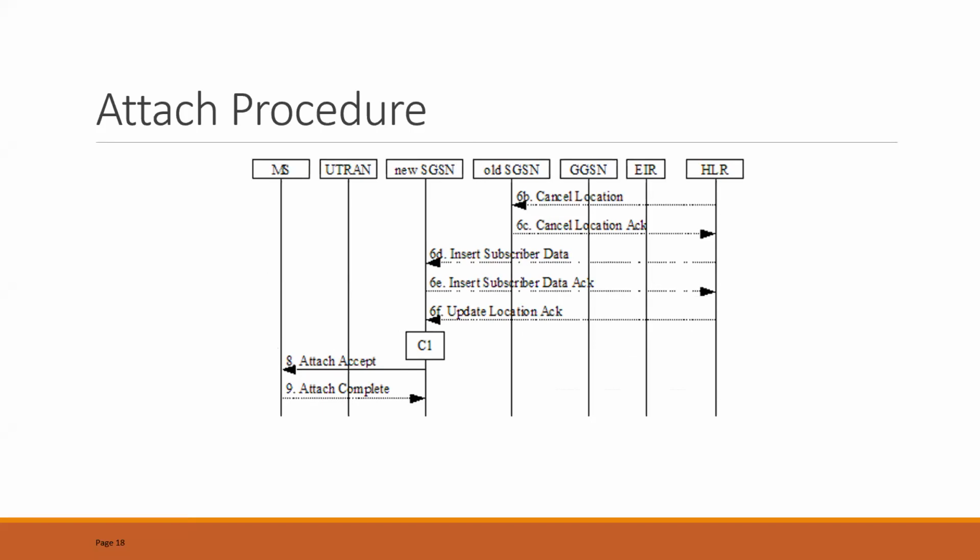In your CS core, in your calls function, you have a TMSI, temporary mobile subscriber identity, and in PS you have P-TMSI. It's a packet TMSI. So in the attach accept, it will send a P-TMSI, so that the next communication that the MS does will be based on the P-TMSI, not on the IMSI. And the MS then sends an attach complete message to the SGSN, so that it does not keep on sending this message again and again.